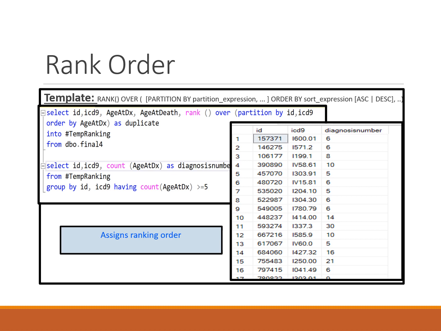As we discussed previously, we start the query with the select, and using partition by, we identify the columns of interest, in this case ID and ICD-9. The information will be sorted using age at diagnosis to identify duplication. We tell the query to extract this information from the original file and place the new information requested in a temp file, here listed as temp ranking.